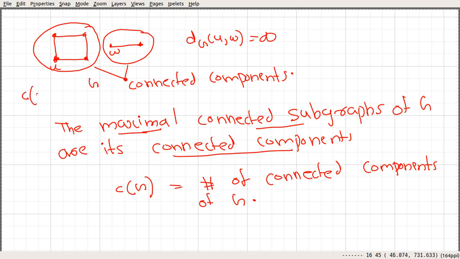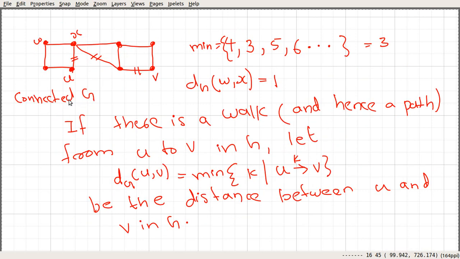So C of G is equal to 2 here. And if you consider our first graph, in this case C of G is equal to 1 because we have only a single connected component here.